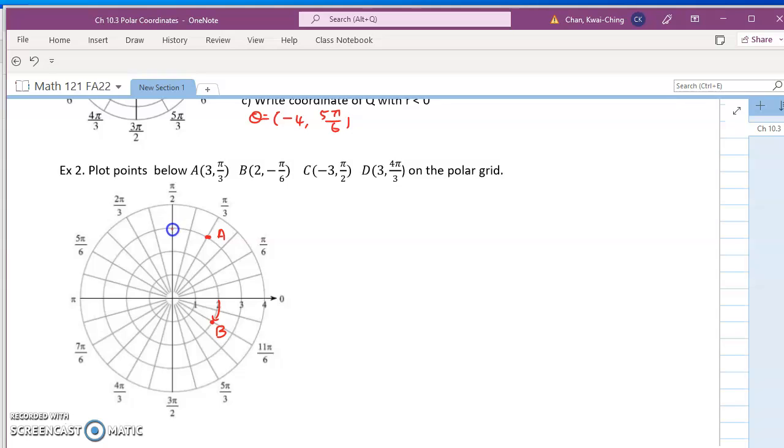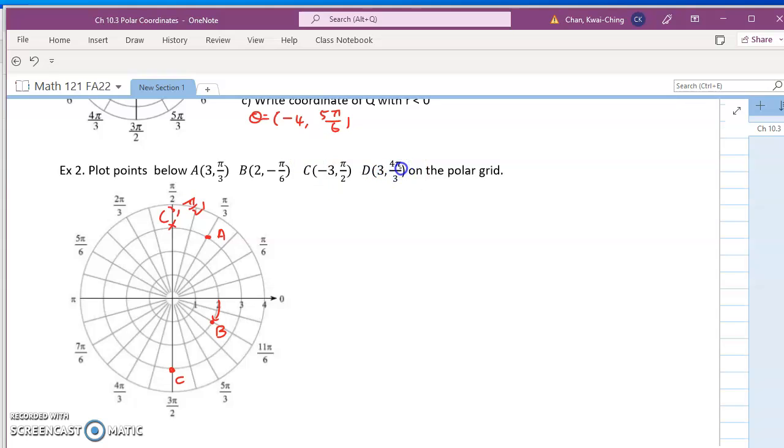And then if I want to go negative, it would go down this way. So this is C, because the point that is opposite to it is actually 3 and 3 pi over 2, because pi over 2 is here. If you have negative, that means you have to go opposite. So that would be C, which is actually 3, 3 pi over 2. It's the same point.